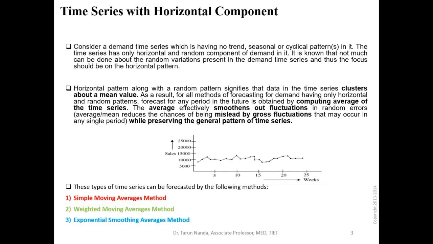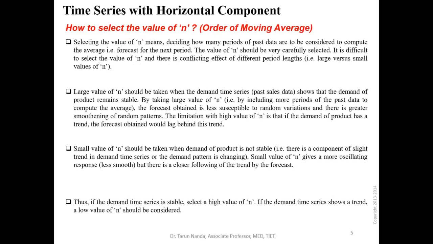a smaller value of n, because when you take a smaller value of n, you are including only some recent past sales values and you are discarding the older values. So when you are discarding the older values, you are adhering more closely to the trend. Because if there is an increasing trend and you still keep on taking all the past values, the average would be calculated by taking all these past values, and it would nullify the trend that should have been in the future demand that you are trying to forecast.